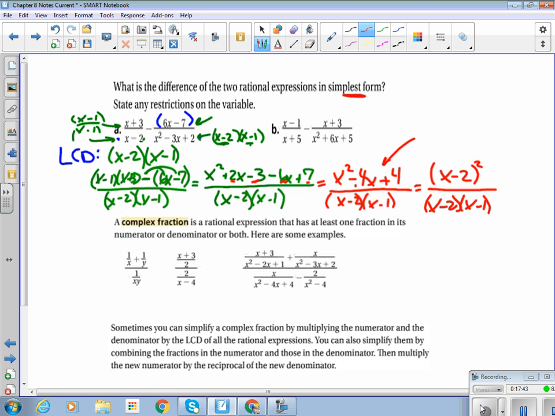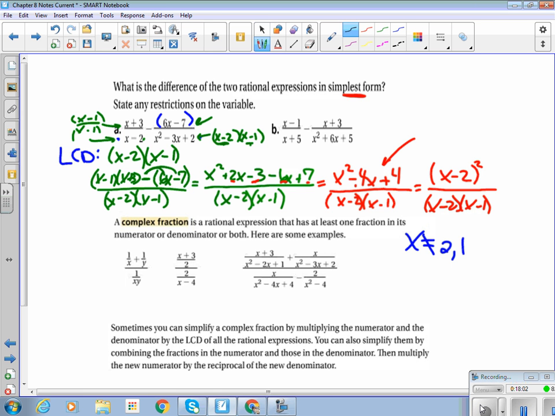All right, so before I cancel out and get simplest form, I'm going to go ahead and restrict my variable. X cannot equal 2 or 1. If it equals 2 or 1, my denominator is going to be 0.